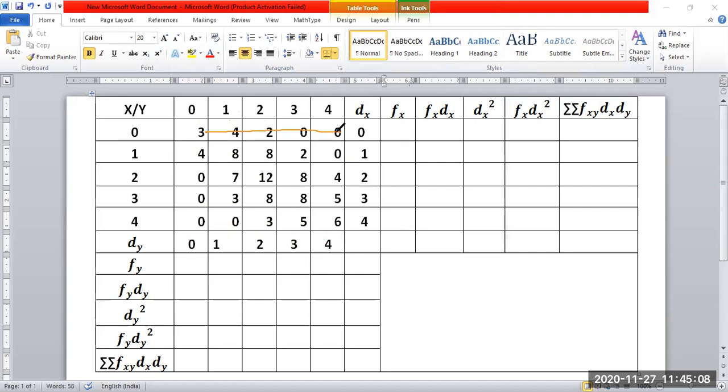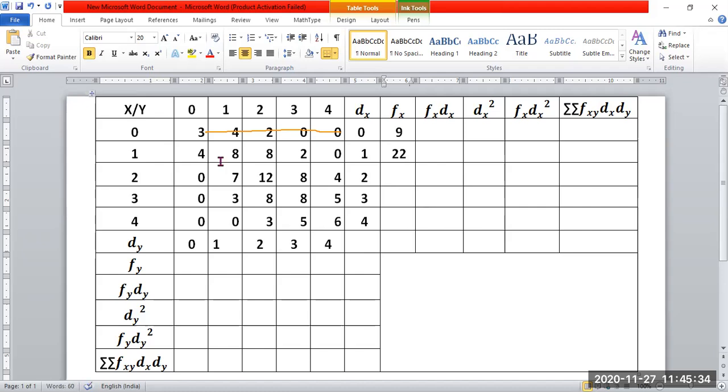Okay, now can I start with the first number? Let's see what numbers come. Is it 3 plus 4 plus 2 plus, yes that's all, the remaining was 0. So 9 is the answer. Let me go to the second one: 4 plus 8 plus 8 plus 2, so 20.